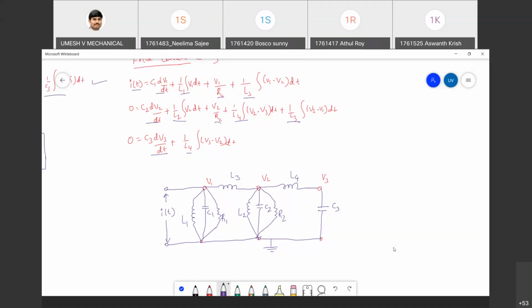So with this problem, this topic is completed. The last topic in this chapter is controllers.